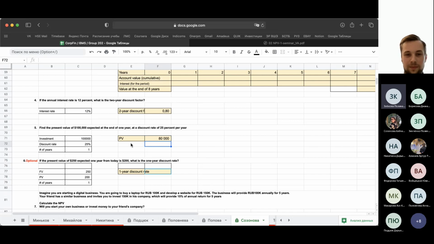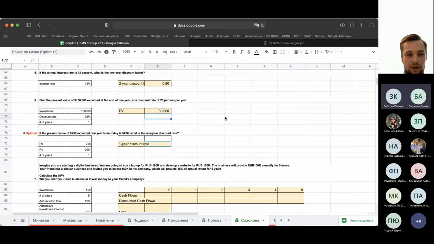Can you just show the formula one more time? Yes, of course. So maybe let's go deeper into the details.